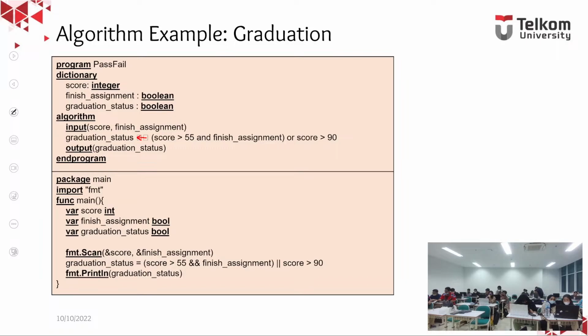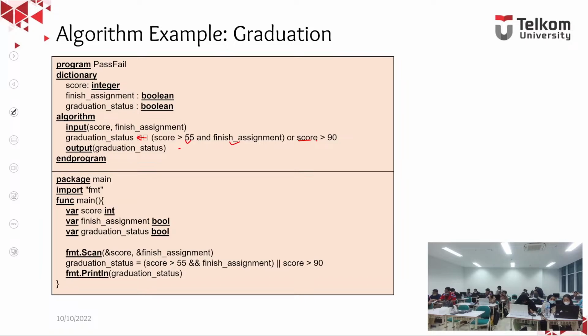Okay, because in the description, the criteria for the student to pass the subject is where the score is above 55 and, so AND here means that the students need to complete those two. Or if the student score is above 90.